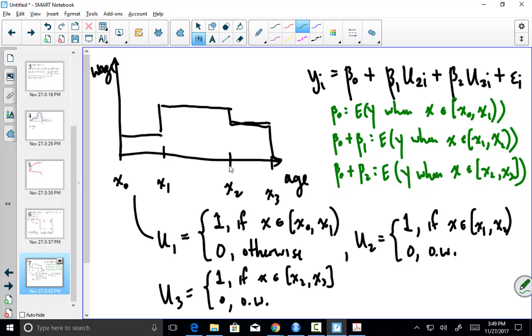So imagine allowing for more and more steps while requiring that the resulting curve be smooth. One thing that step functions are not ideal with respect to is that they are so rough. They're these step functions. And in many cases, we would prefer to have a smooth curve. Splines and generalized additive models are ways of accommodating that. So the math is a little bit sophisticated, but conceptually, it's like allowing steps and restricting some smoothness.